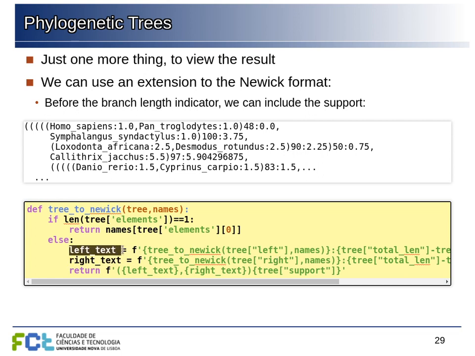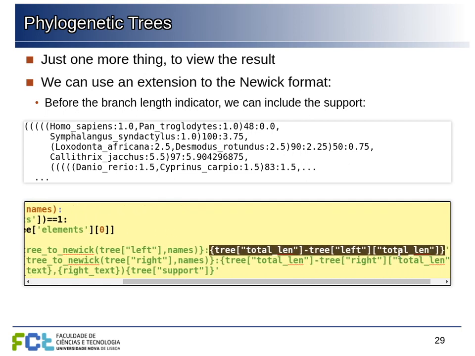So the left will be the Newick representation of the left tree that we have here, starting from this one, so the left branch, and then added to that the length that we need to cover so far, which would be the total length at the current branch minus the total length of the left branch that we are putting here.